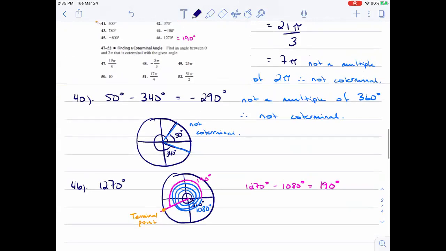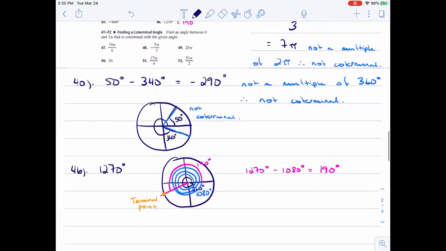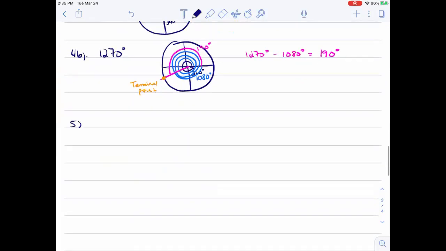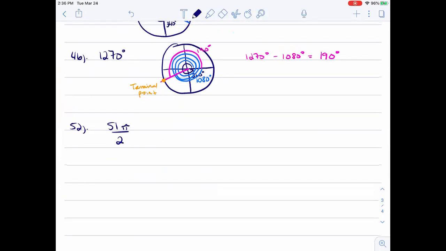Let's just do number 52. 52 says that we have 51 pi over 2. So if we've got 51 pi over 2, then that's really 51 over 2, which we can say is 25.5 pi.